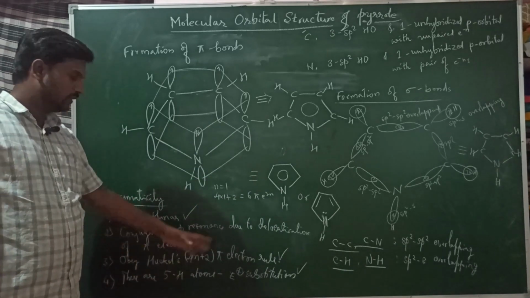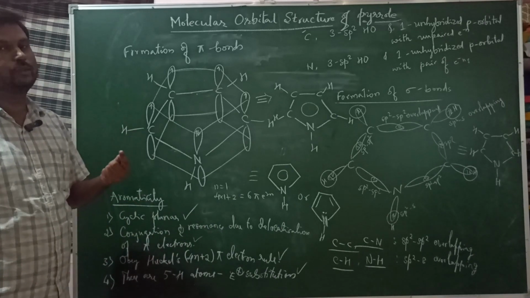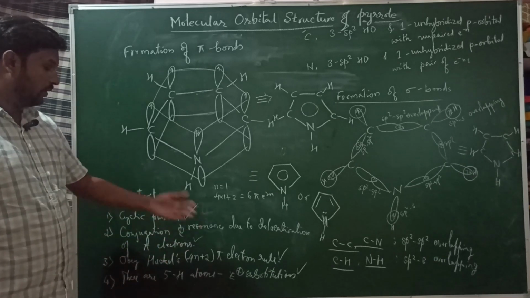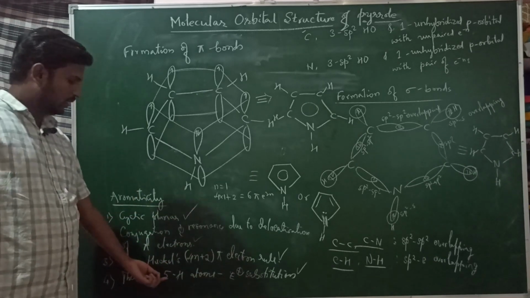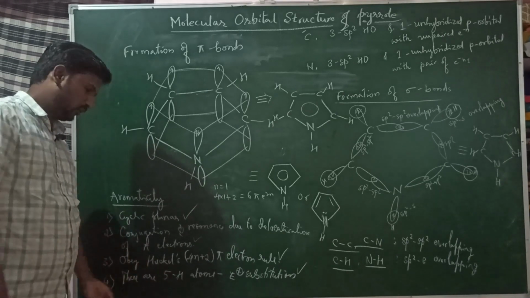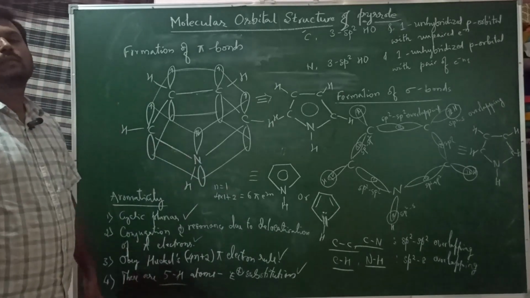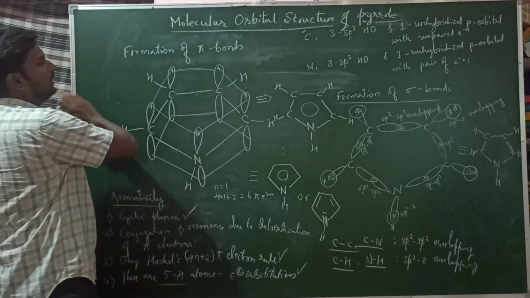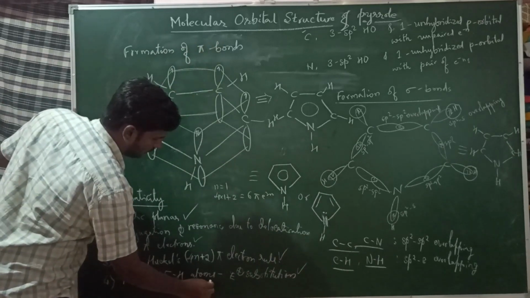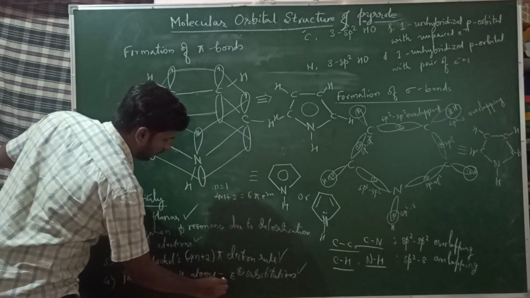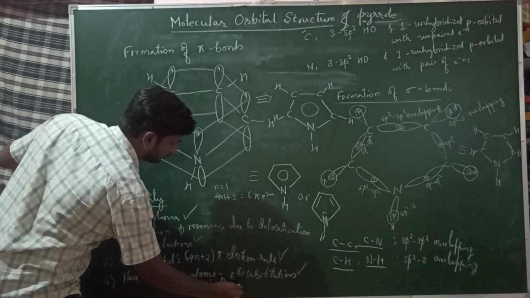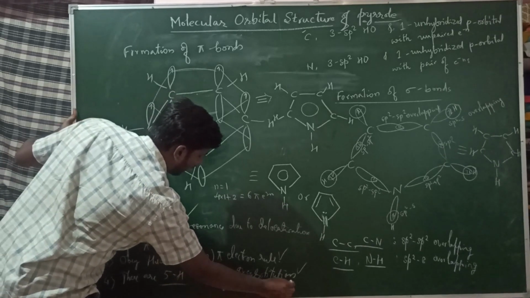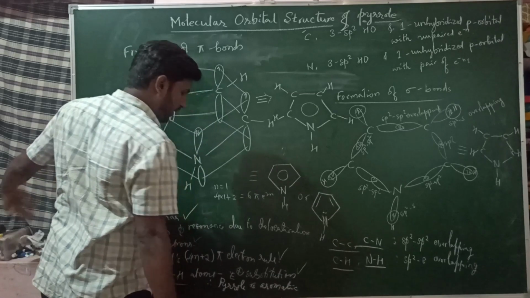In the fourth rule, it has 5 hydrogens. At least we need 1 hydrogen for the electrophilic substitution reaction, but it has 5 hydrogen atoms, and it shows the electrophilic substitution reaction very easily. Hence all these 4 criteria have been fulfilled. Therefore, we can now declare that pyrrole is aromatic in nature.